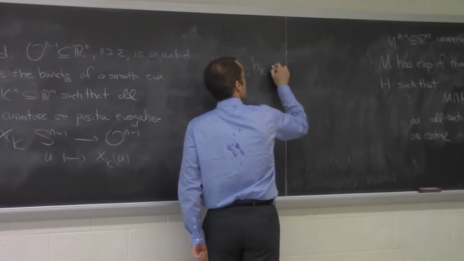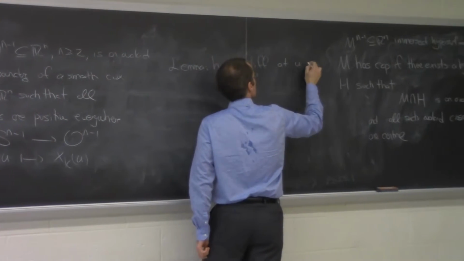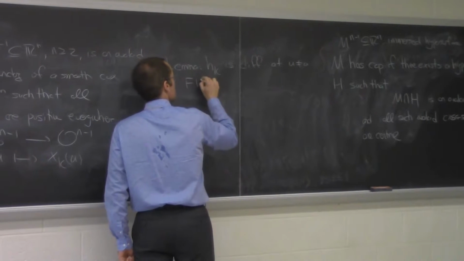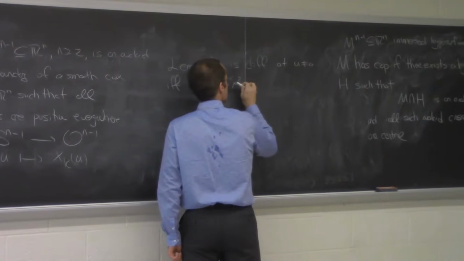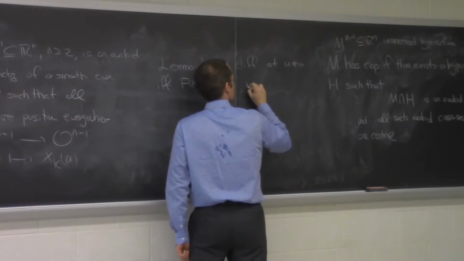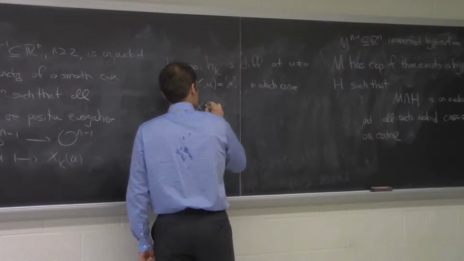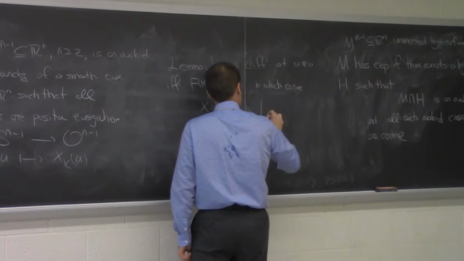And an important lemma is this. This H_K, this support function, is differentiable at u if and only if the support set is a singleton, in which case that x can be found by taking the gradient of H at u.